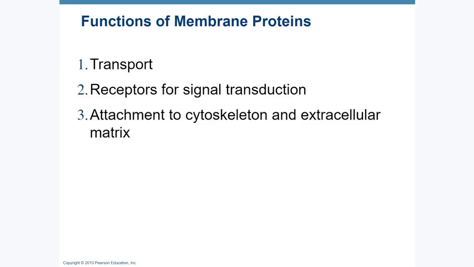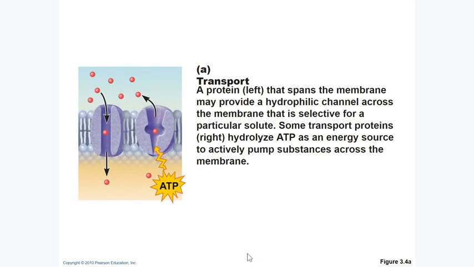So, functions of membrane proteins, we either have transport proteins, receptors for signal transduction, attachment to the cytoskeleton or extracellular matrix. And we're going to talk about each one of these individually. So, transport is a protein that spans the entire membrane and may provide a hydrophilic channel across the membrane that is selective for a particular solute.